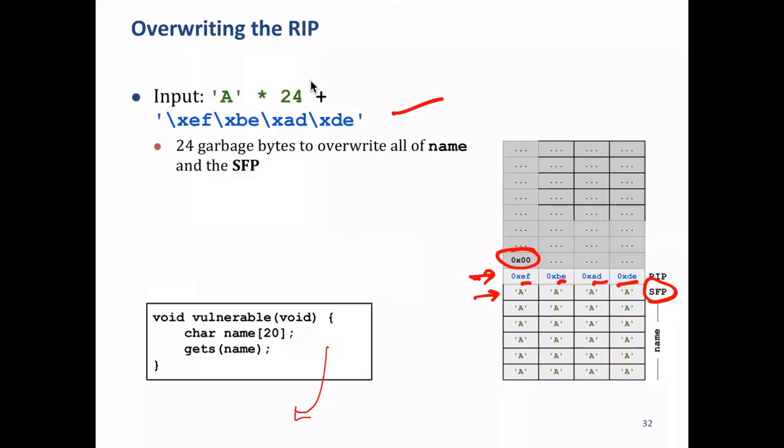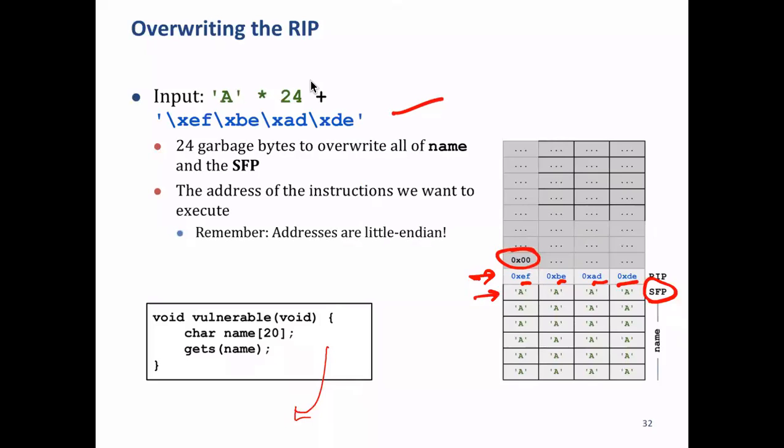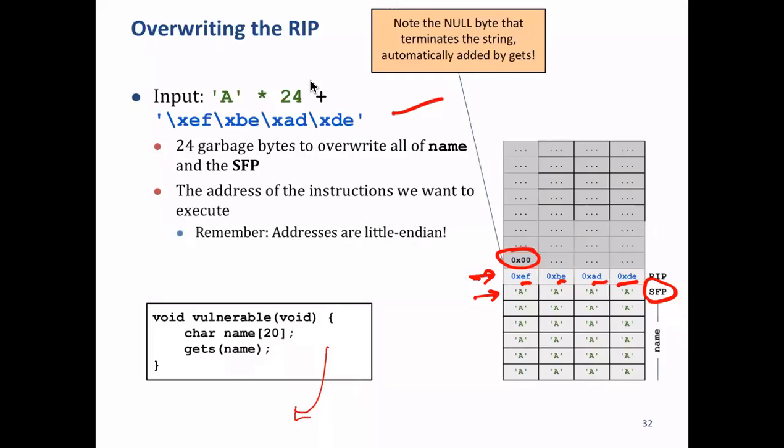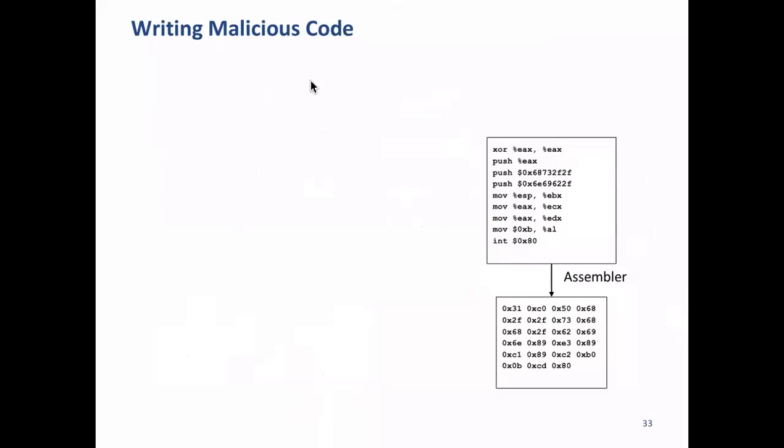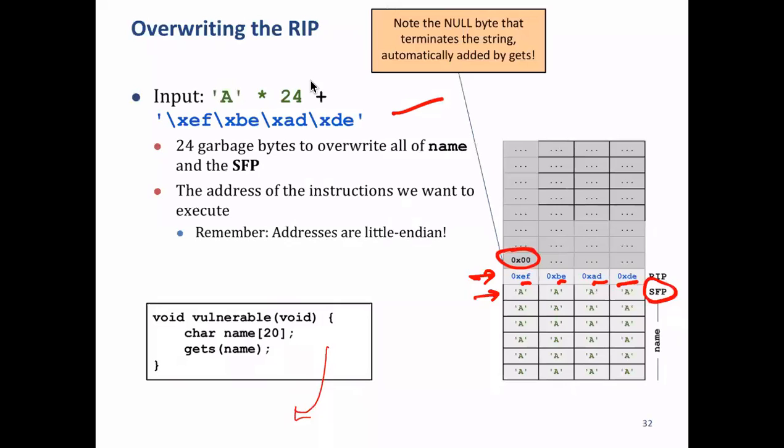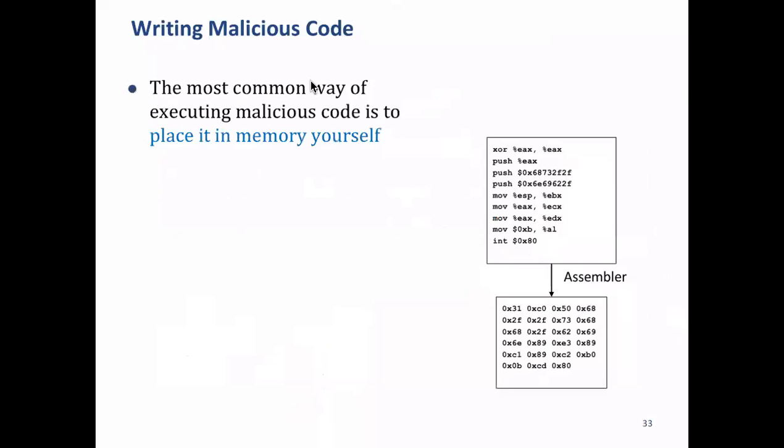Then the old program counter is popped out, and the next instruction to be executed is whatever is in the popped program counter value, right? So this way malicious code can execute.